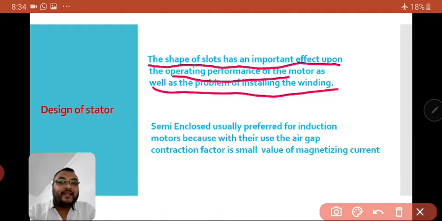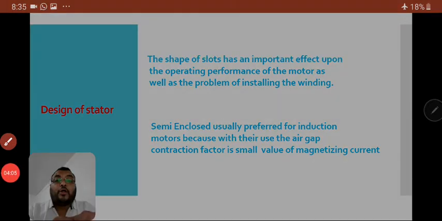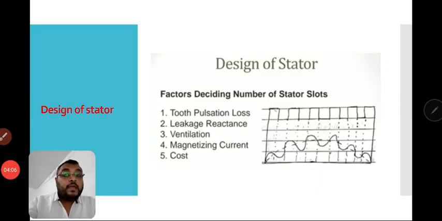The next one says that semi-enclosed slots are usually preferred for induction motors because with their use the air gap contraction factor is small and the value of magnetizing current is reduced.